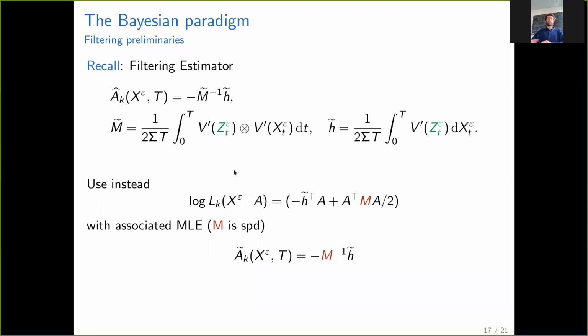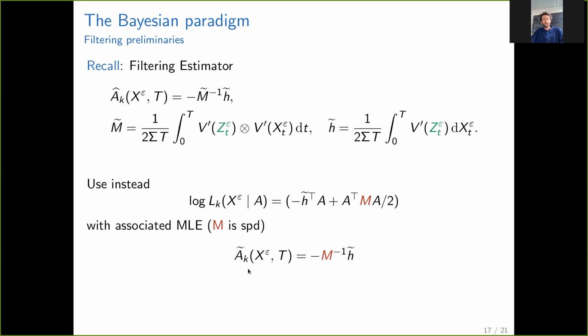But we had the matrix M before, where instead of Z you have X, which we assume to be positive definite. It's for sure semi-positive definite, and we assume it to be positive definite. And if you take this log likelihood, minus H tilde transpose A, A transpose M A over 2, then since M is symmetric positive definite, the maximizer is indeed given by minus M to the minus 1 H tilde.